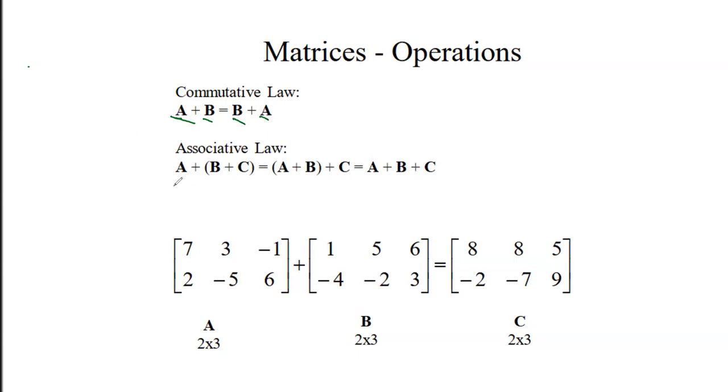Whether you add this to this sum, or you sum these two, as you see here, and then add it to C, you'll still have the sum of all three, right? That's the associative law for the addition of matrices. So, commutative and associative. All right.